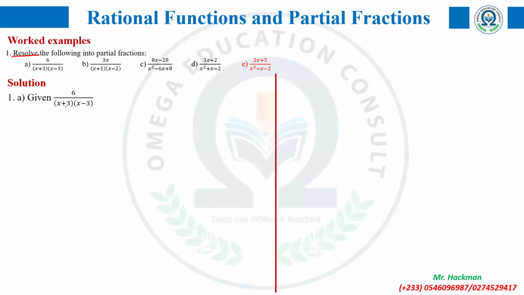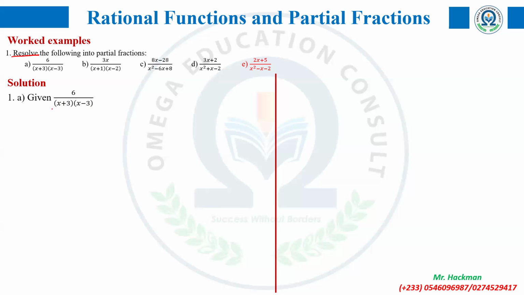So in the partial fraction identity, how many fractions am I going to encounter? 2. One for each of the factors that you have there.